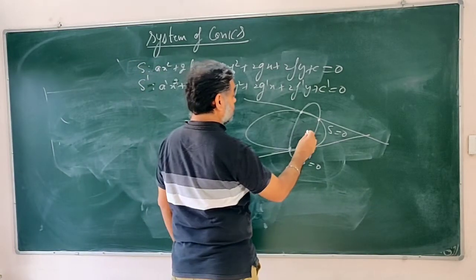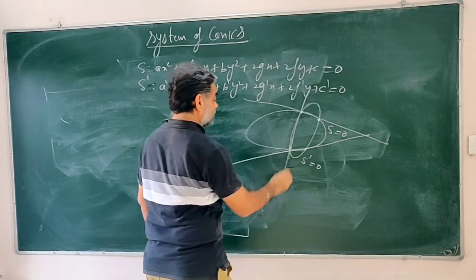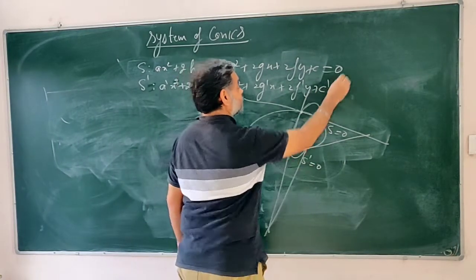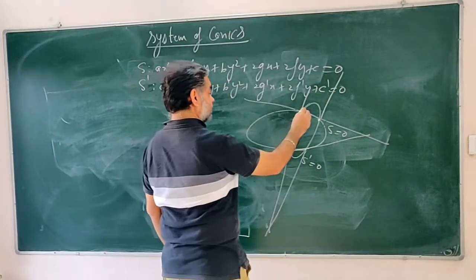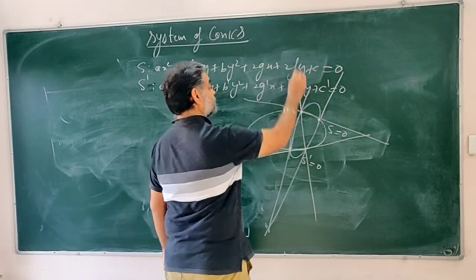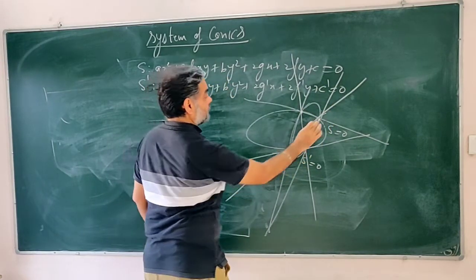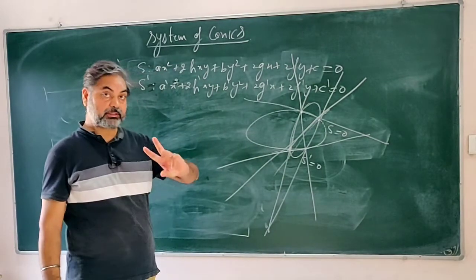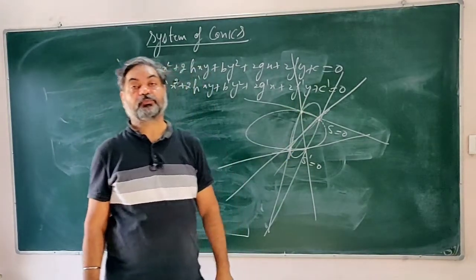Alright, and this is another pair of straight lines which pass through these common points, and this is the third pair of straight lines which pass through these common points. So there are three pairs of straight lines which pass through these common points.